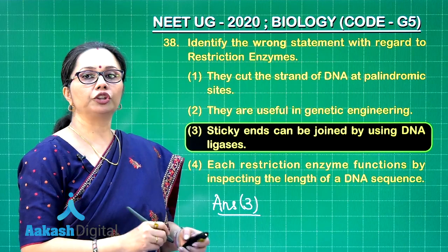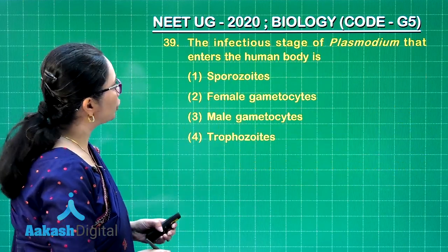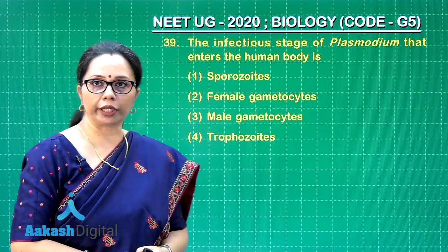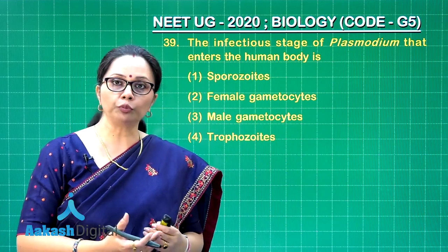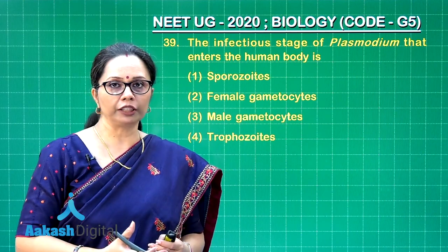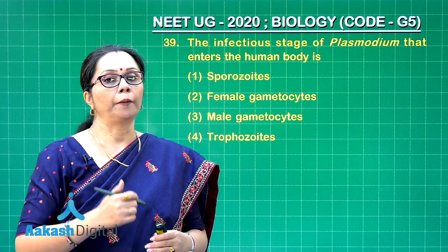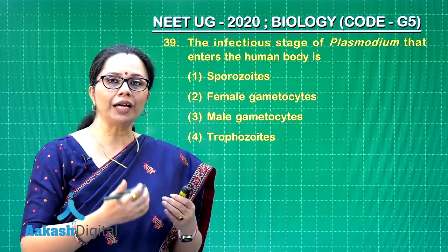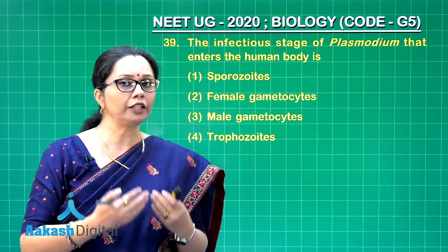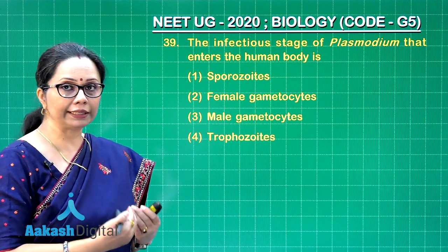Now from here, let us move on to the next question, that is 39. Now in this question, the infectious stage of Plasmodium that enters the human body. Now you know, for Plasmodium, which causes malaria, the vector is the female Anopheles mosquito, and when this female Anopheles mosquito takes the blood meal, during that time it injects the saliva too, because the saliva has the anticoagulant which will not allow our blood to clot, and the mosquito can easily suck it.